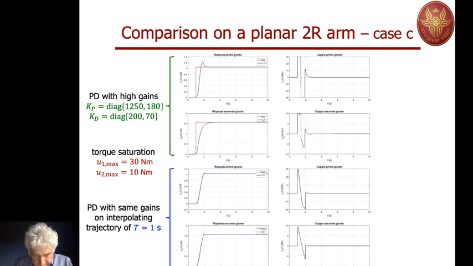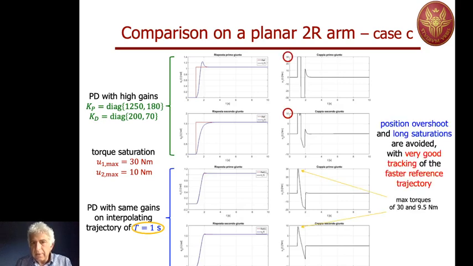Whereas in the case, although we have chosen a faster interpolating trajectory with just 1 second of transient, because of the larger gains, we follow them pretty much close, and even the peak torques are below the maximum level.